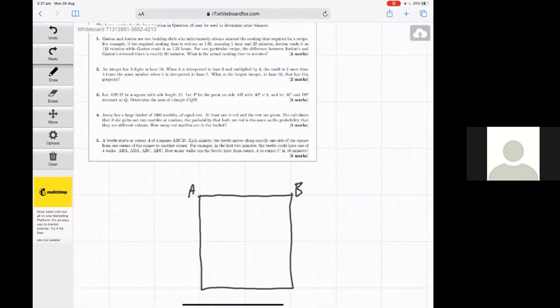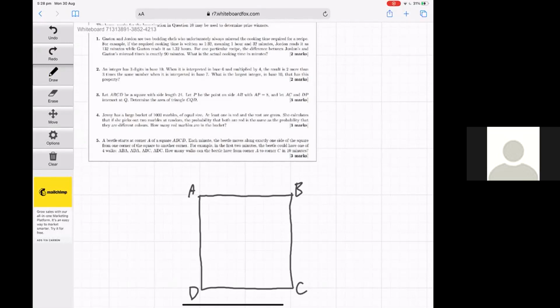So A, B, C, and D. Each minute the beetle can move along exactly one of the sides. So the beetle can travel from A to B, or B to C, or C to D, or D to A, or backwards. And that takes 1 minute to travel along one side.